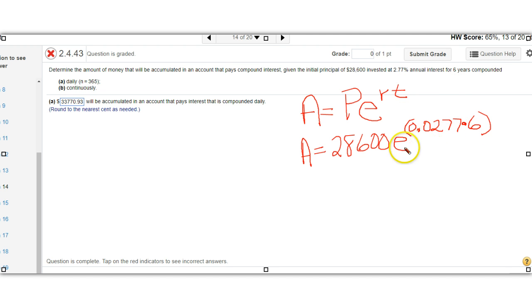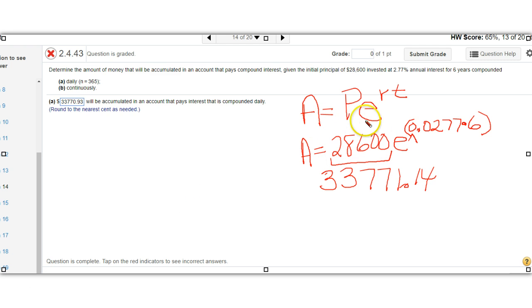So what I do is I type into my calculator E, then I do caret, put parentheses, 0.0277 times 6, close parentheses, enter, get a value, multiply it by this, and we'll see what that comes out as.